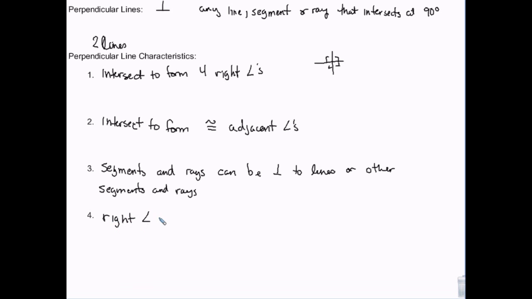The right angle symbol, where we had an angle with a little box in it, that's right angle, is also the symbol for perpendicular.